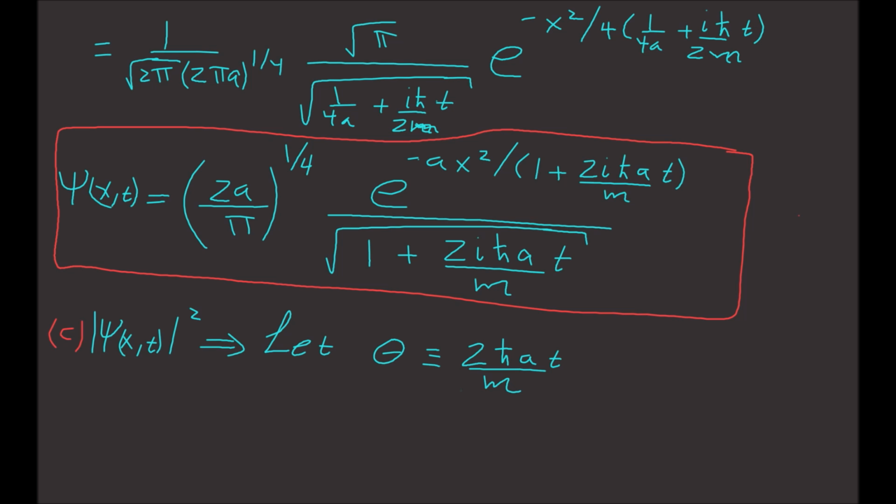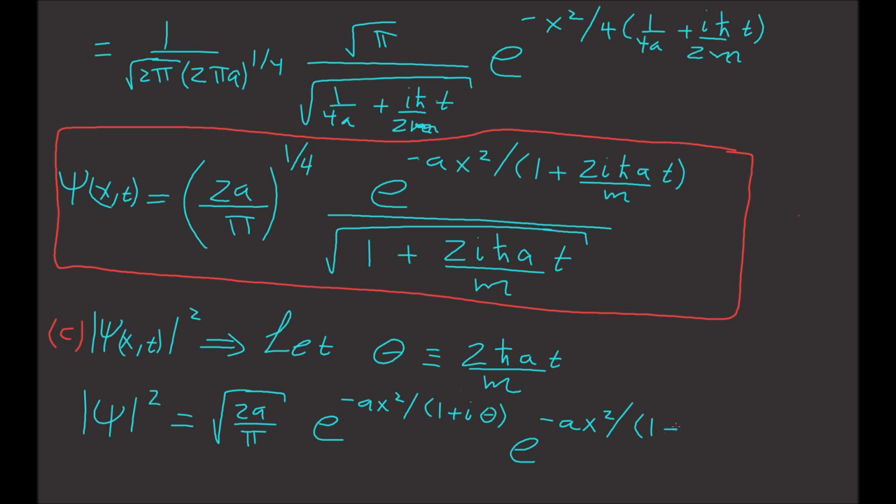So now we have psi star psi equals square root of 2a over pi times e to the minus a x squared divided by 1 plus i theta times e to the minus a x squared divided by 1 minus i theta.